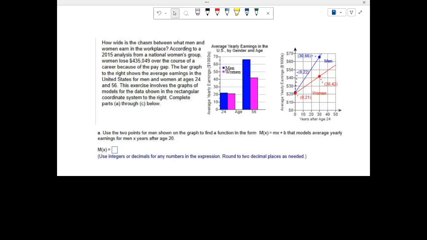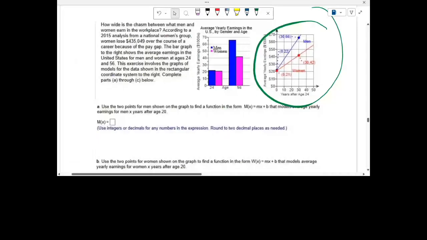Which, when I'm looking at this picture right here, which graph refers to the men, the blue line or the red line? The blue, right? The blue refers to the men. Okay, so y'all, what we're going to do two things here. We're going to find, step number one, the slope for the blue line.